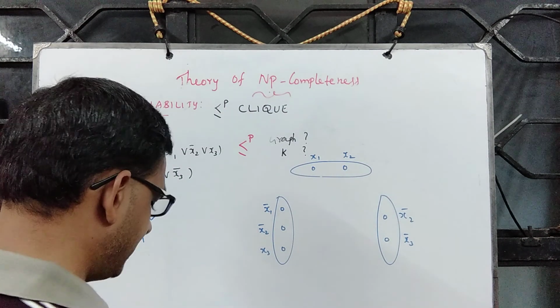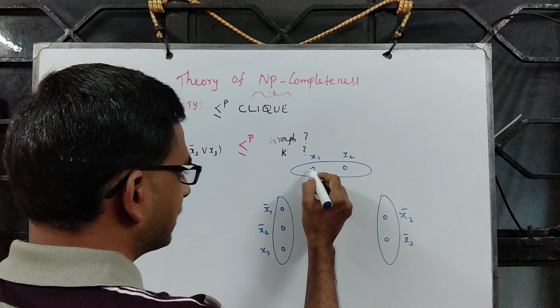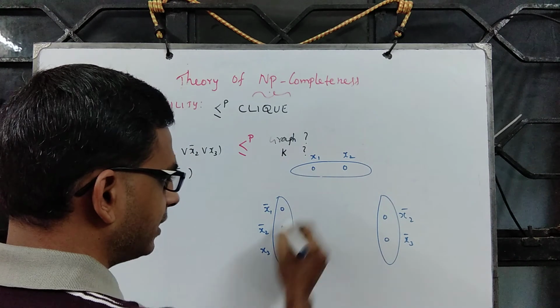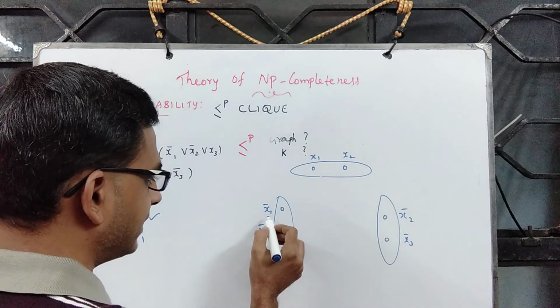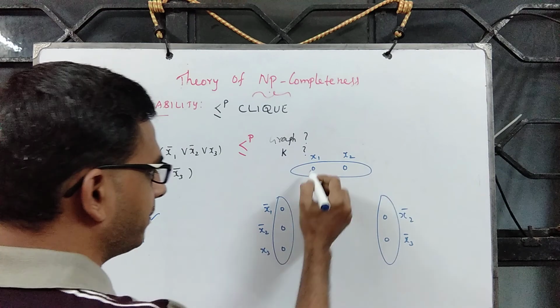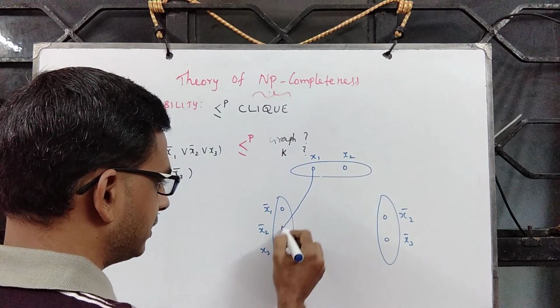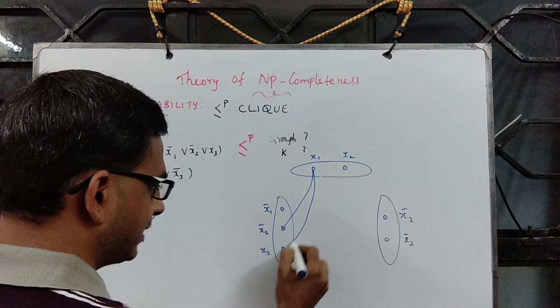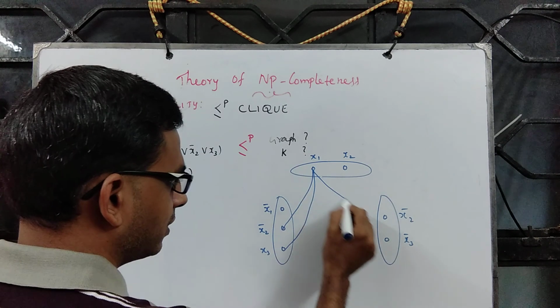There is only one constraint. x1 is adjacent to everything except its complement, x1 bar. So x1 is adjacent to this, x1 is adjacent to this.